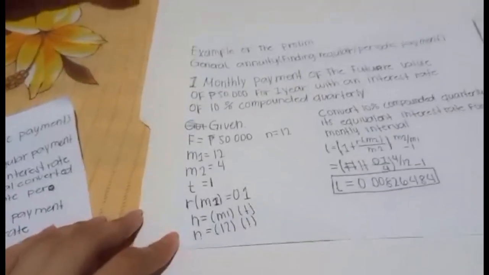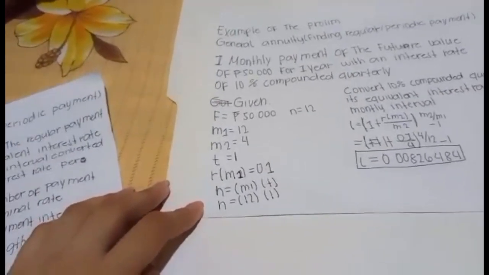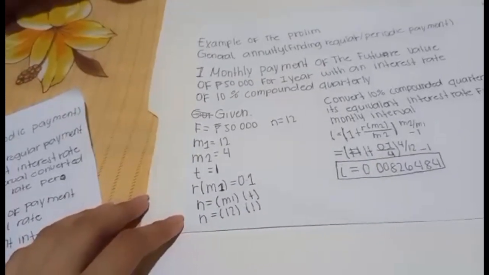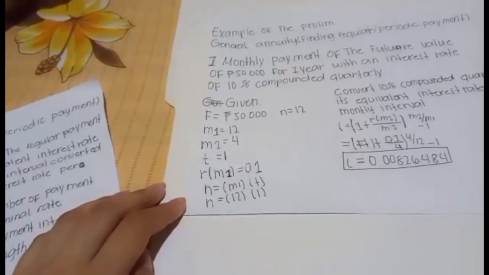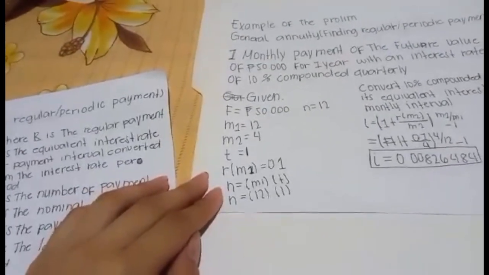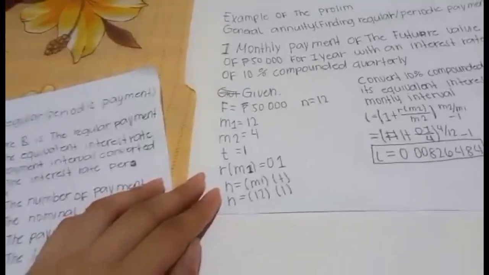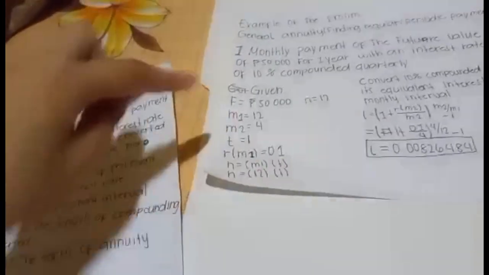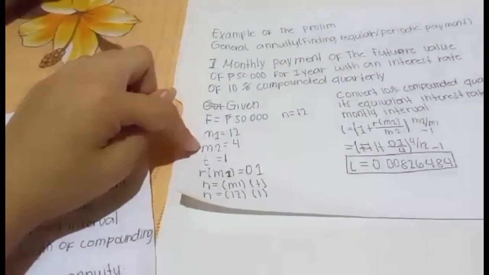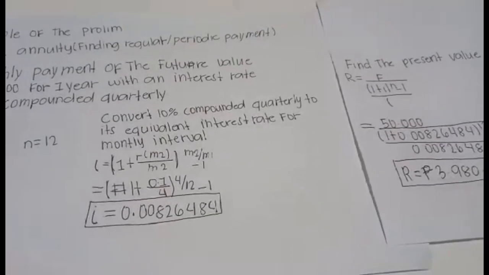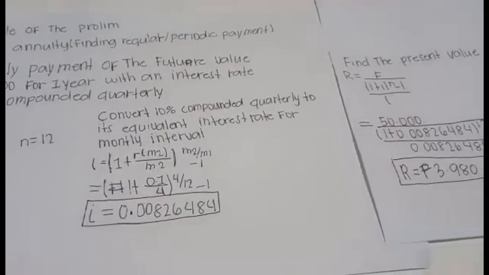R equals 0.1 because 10% compounded. N equals 12 times 1, where 1 is the T of 1 year. Convert 10% compounded quarterly to its equivalent interest rate for monthly interval.